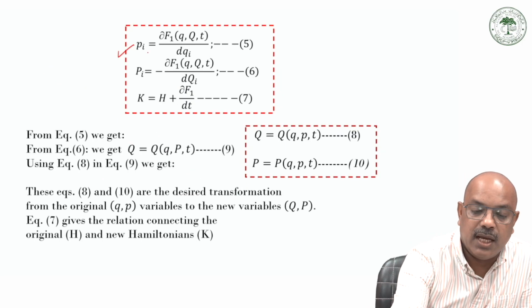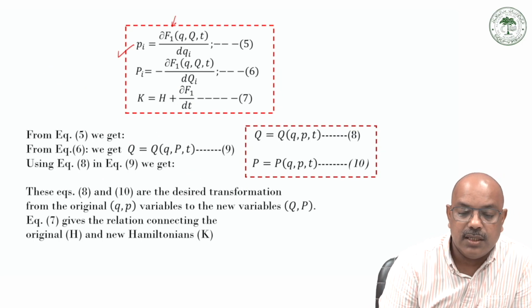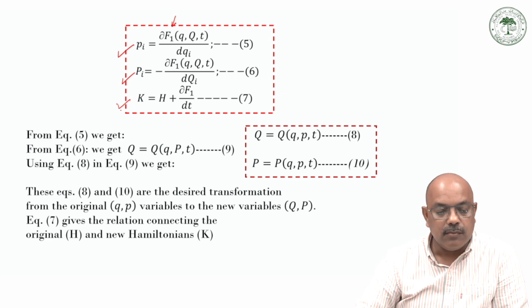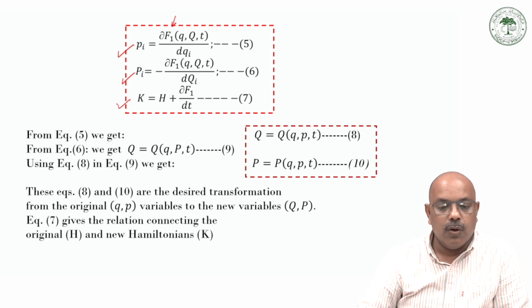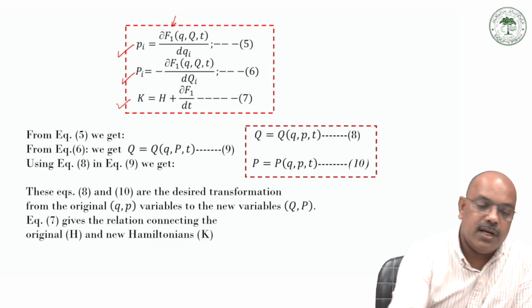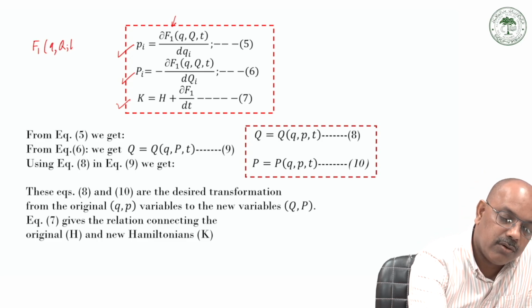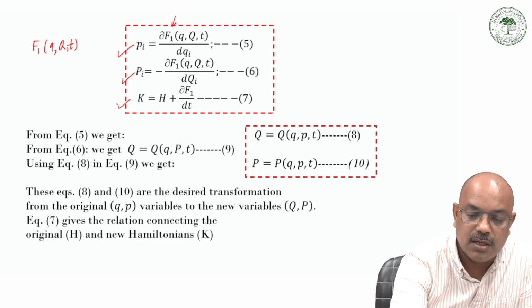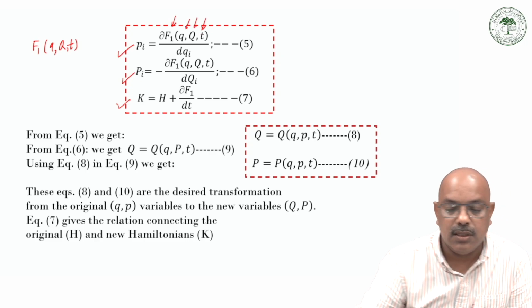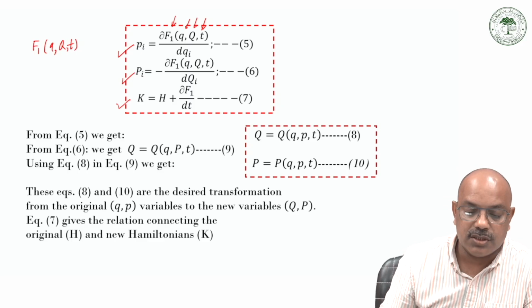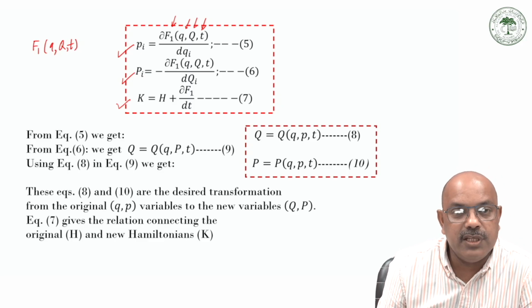So this is small pi is delta f1 upon delta q, and then similarly capital Pi and then capital Q. Okay, so my f1, my first generating function, was depending upon the small q, capital Q and t. So this is written here, small q, capital Q and t, and this is for all three relations. So what are we going to get from these relations?